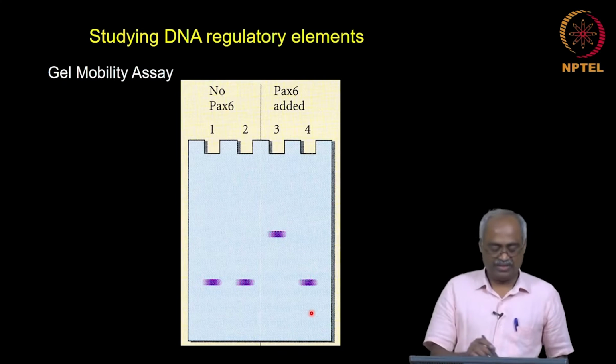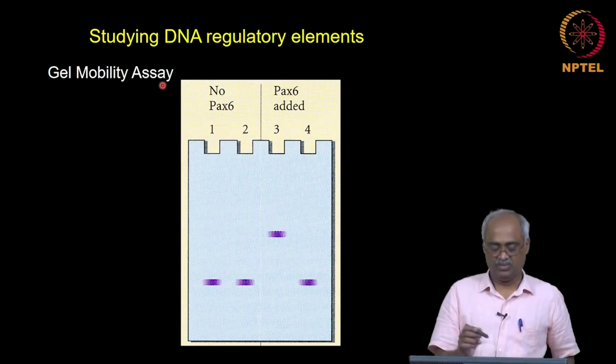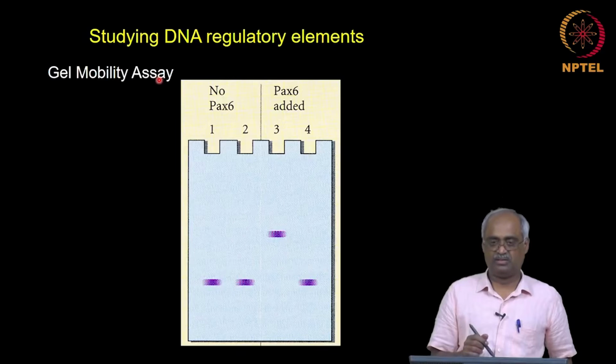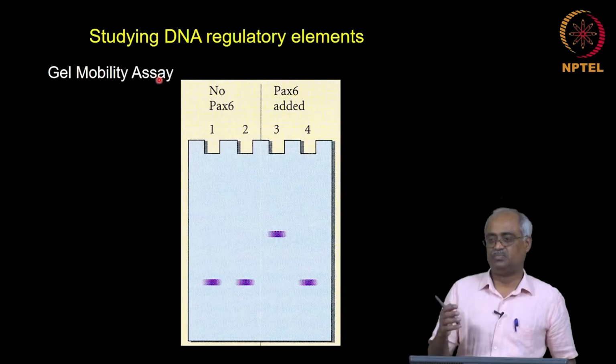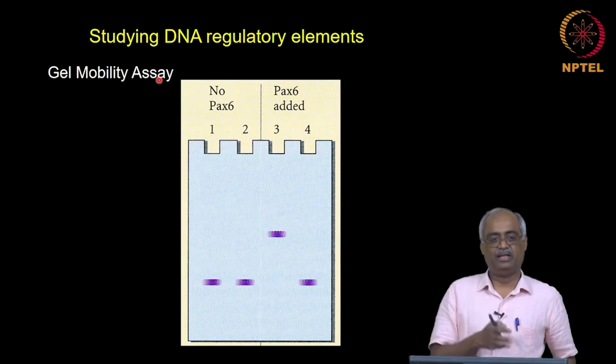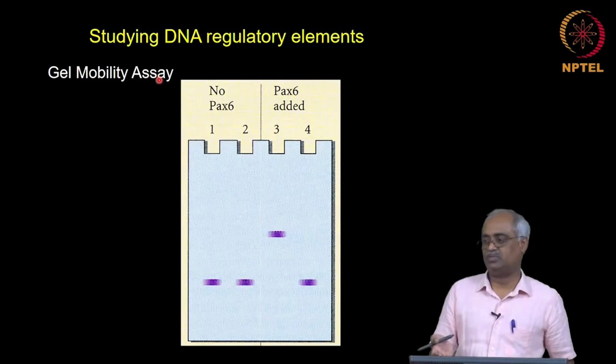So this is a very commonly used assay. People use it for multiple contexts where you want to test nucleic acid protein interaction. Okay. So right now we are looking at DNA protein interaction to find out the promoter elements that may be involved in interacting with a specific transcription factor.